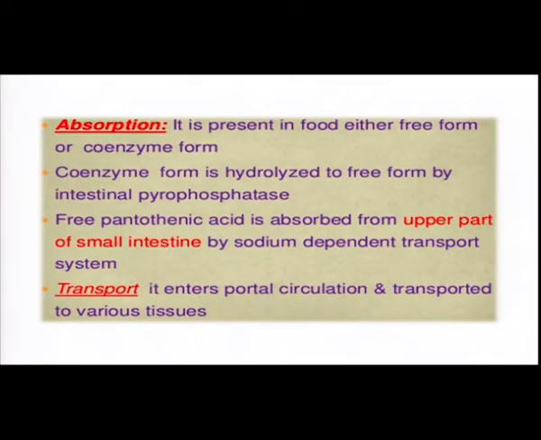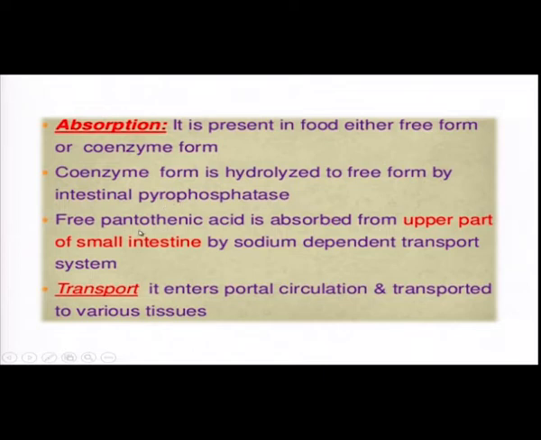Now, if you look into the absorption of pantothenic acid, it is present in food either in the free form or as a coenzyme form. The coenzyme form is hydrolyzed to form the free form by intestinal pyrophosphatase.